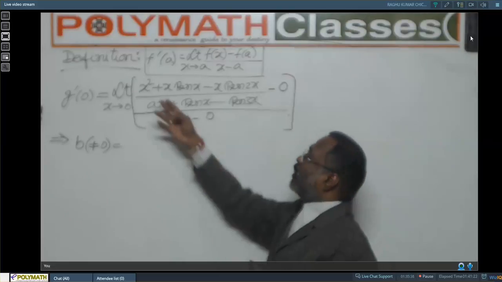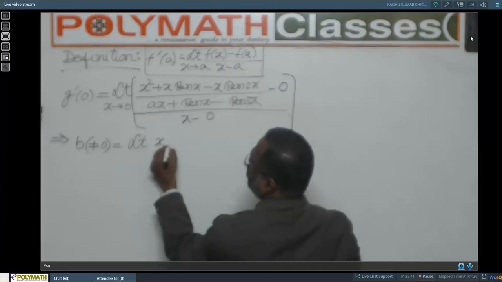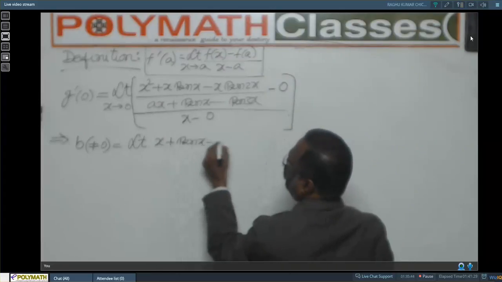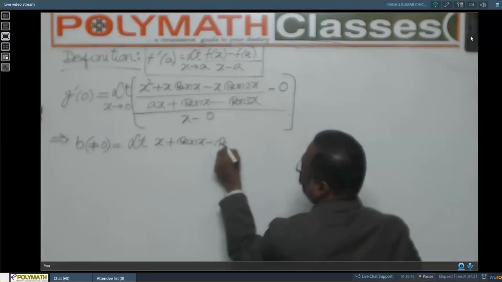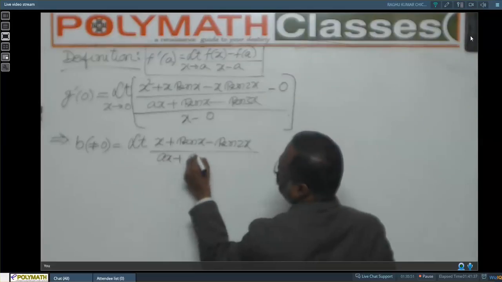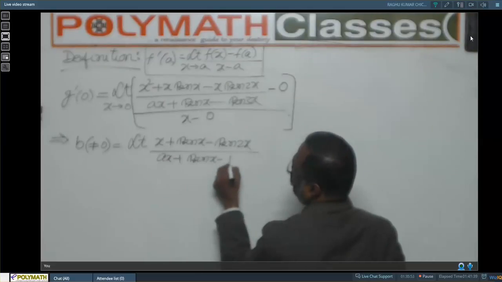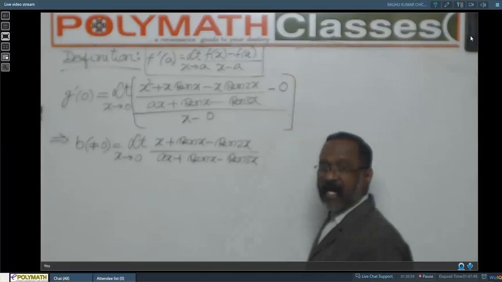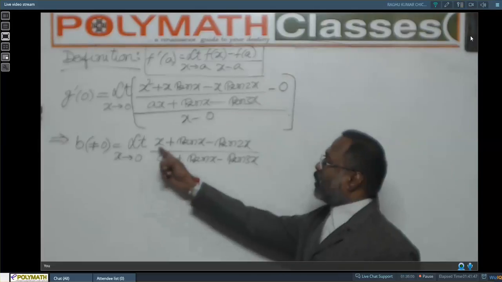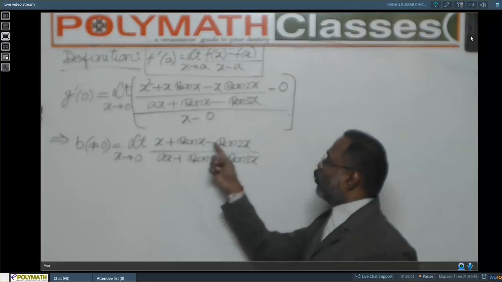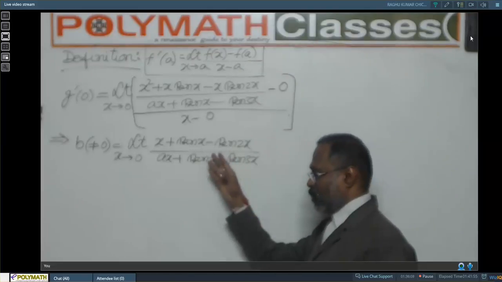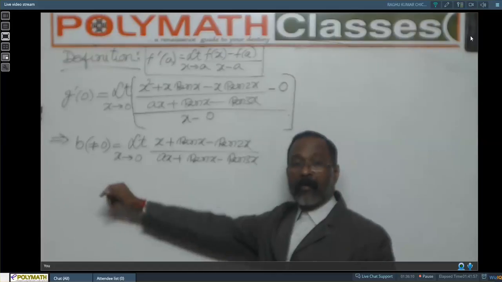Divide by x, and thereby it becomes (x plus tan x minus tan 2x) whole divided by (ax plus tan x minus tan 3x) as x tends to 0. Let us check the value now. It is 0 plus 0 minus 0 divided by a into 0, a 0 by 0 form, and this is defined to be b now. Let us solve the limit.